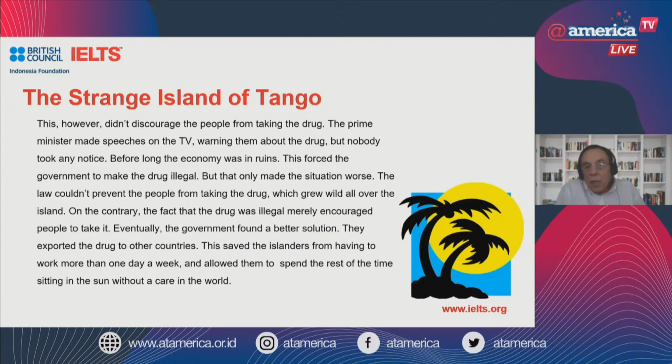On the contrary, the fact that the drug was illegal merely encouraged people to take it. Eventually, the government found a better solution. They exported the drug. Oh, what a ridiculous story. They exported the drug to other countries. This saved the islanders from having to work more than one day a week and allowed them to spend the rest of their time sitting in the sun without a care in the world.